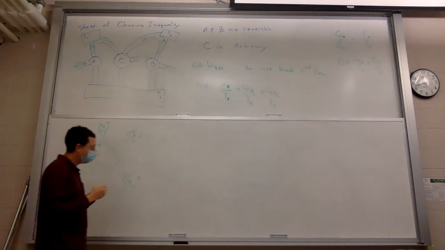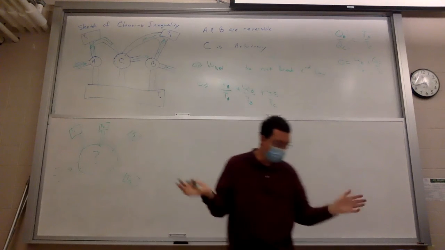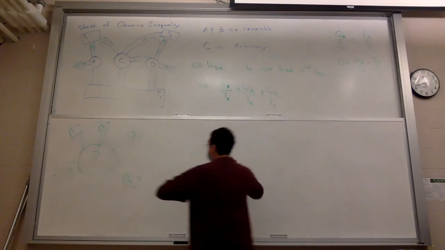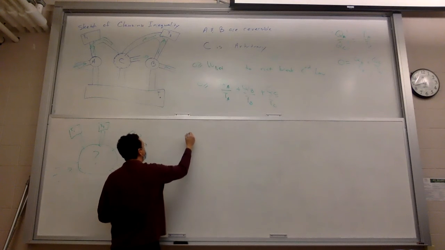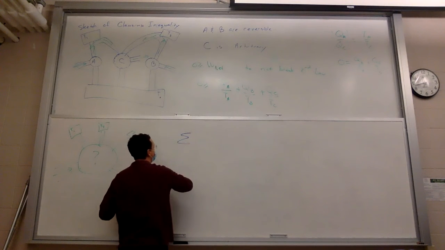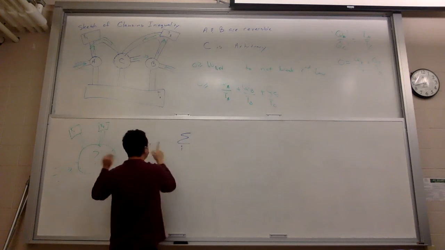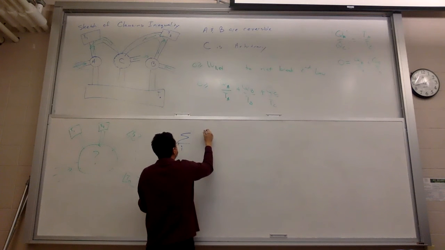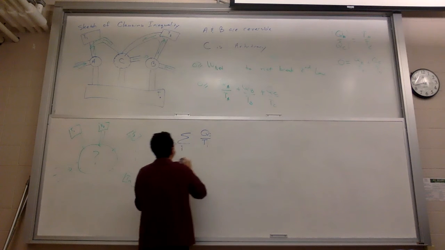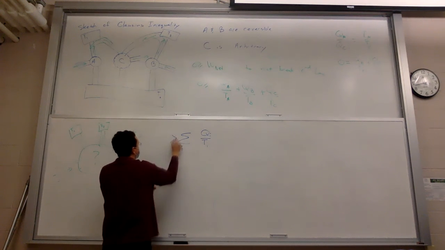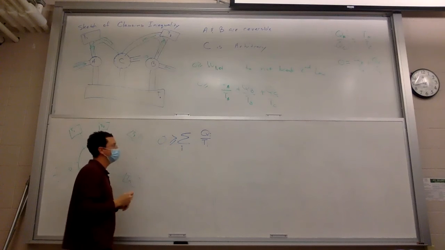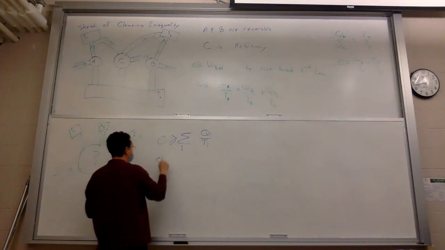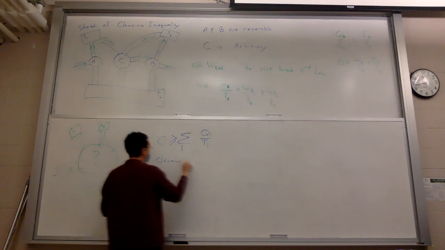The statement is, for any cycle, no matter what it's made of, the sum over all heat exchanges over all reservoirs, the heat exchanged with the reservoir divided by the temperature of that reservoir, must be less than or equal to 0. This is the Clausius inequality.